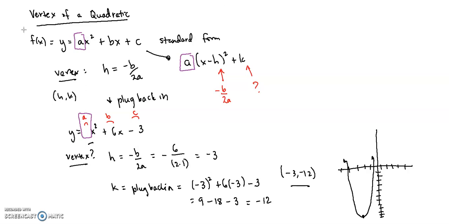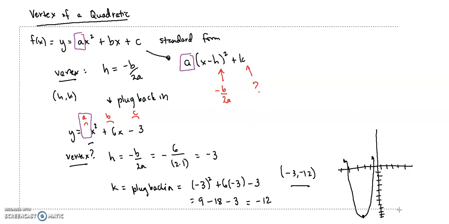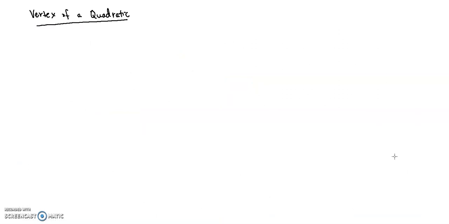All right, let's try another one of these. Let's say that we have y equals 2x squared minus 3x plus 4, and we want to find the vertex. So the vertex is going to be negative b over 2a.